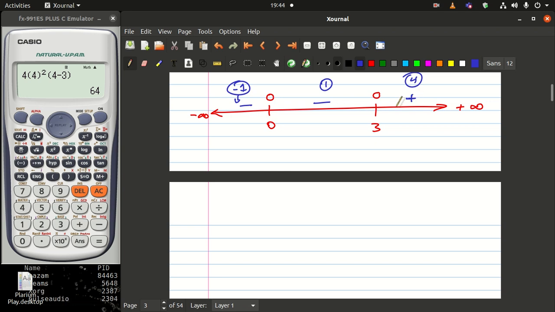So basically this function is saying that if you are moving from negative infinity up to 0, the function f is decreasing because we have a negative.